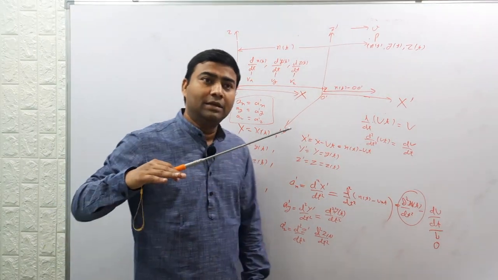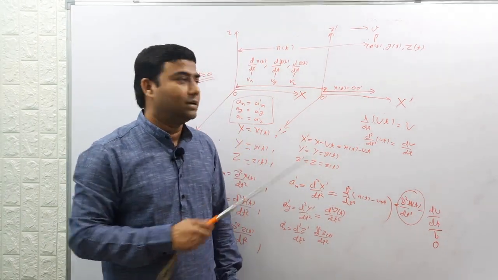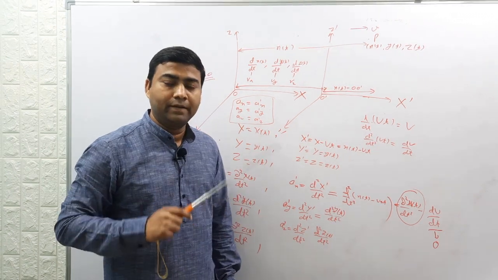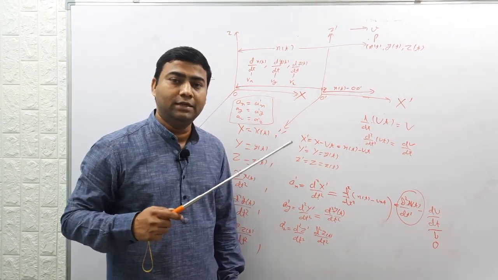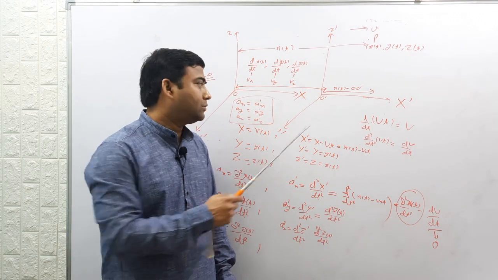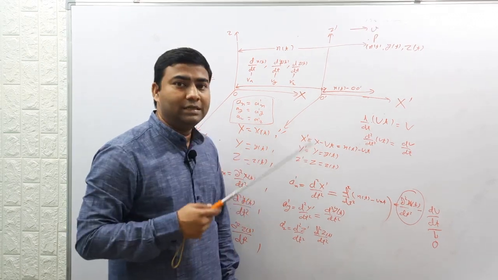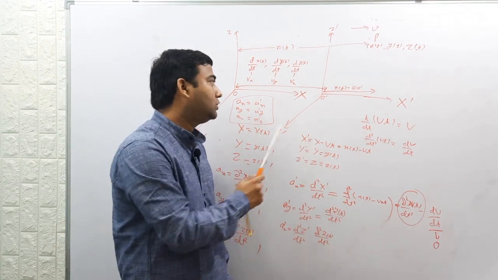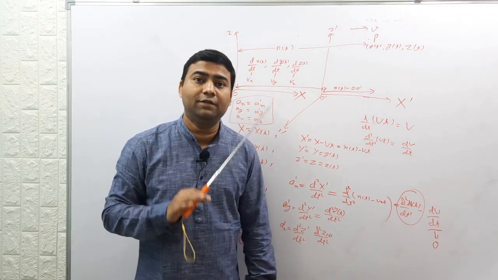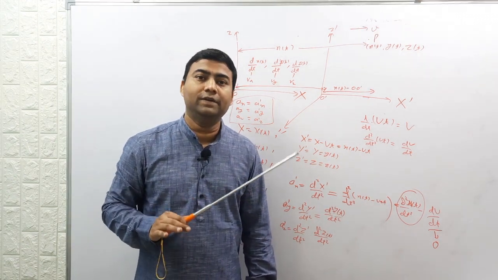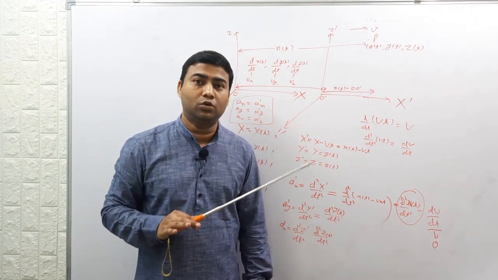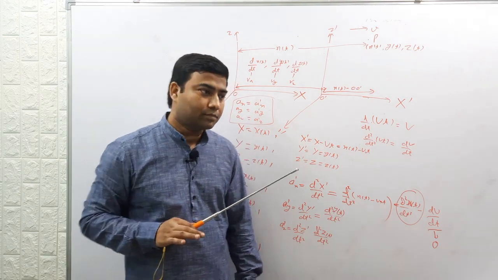So the particle will maintain its inertia in both frames without application of any force. That's why both these frames are called inertial frames, or any frame moving with constant velocity is called an inertial frame.